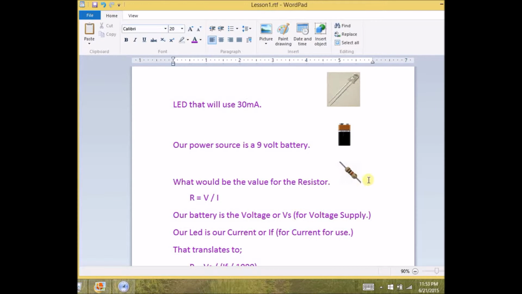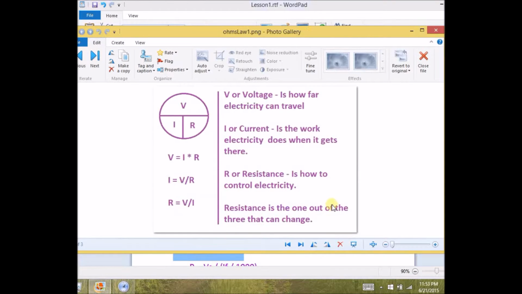So the way we would do that is to use a resistor. The resistor is going to control the current that's going to our LED so that our LED will be safe, or it's going to protect our LED from getting too much. Okay, so if you could understand that. The resistance is the one out of the three that can change.